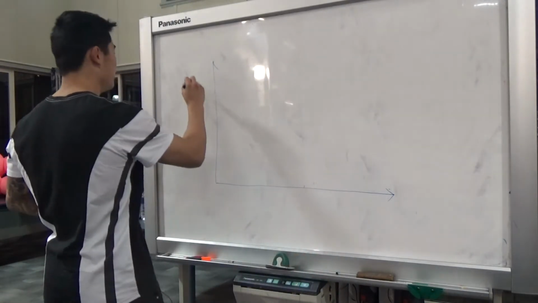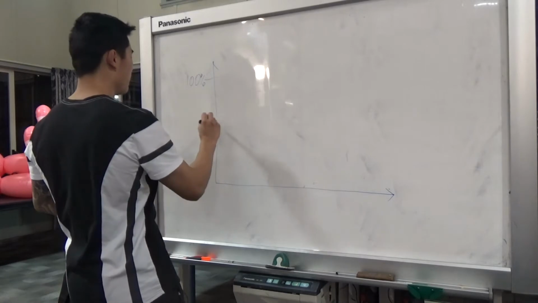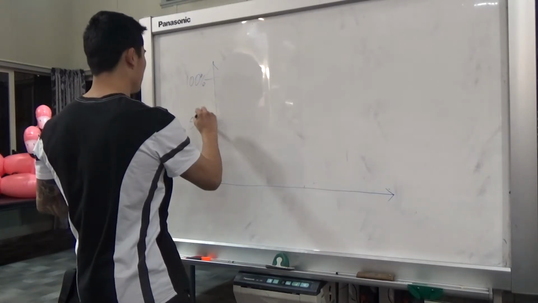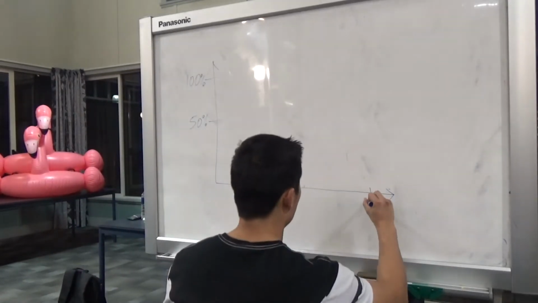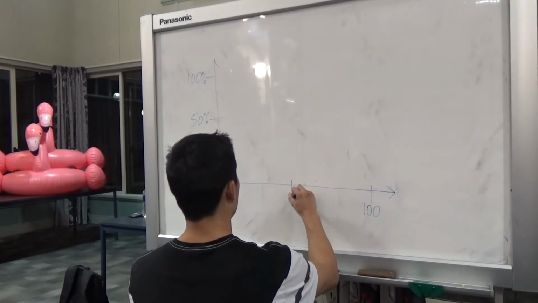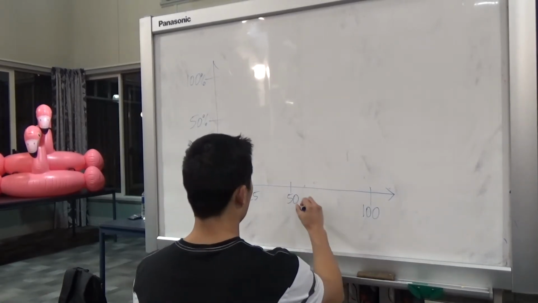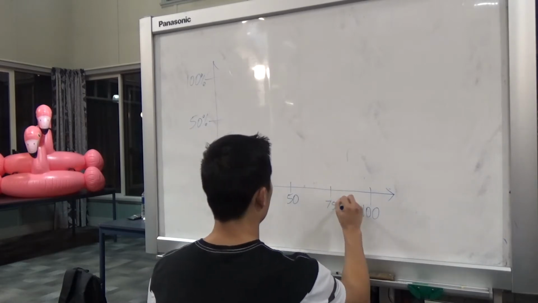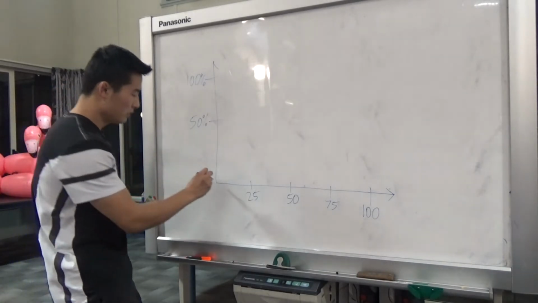Okay, so this is your 100%. This is 50%. And then you have 100 millimeters of mercury. You have 50, 25, 75.